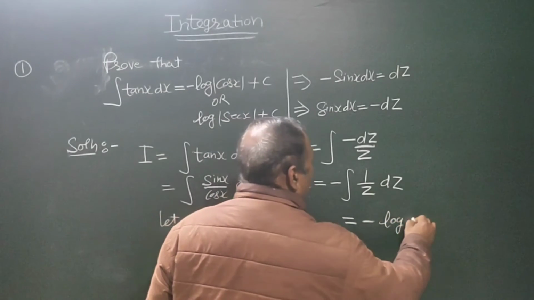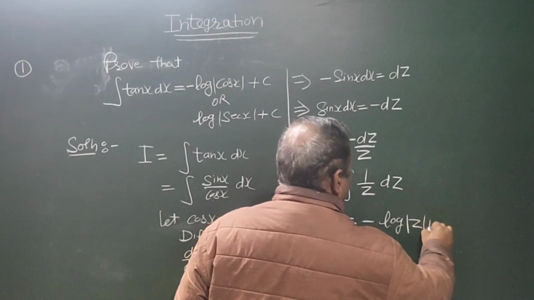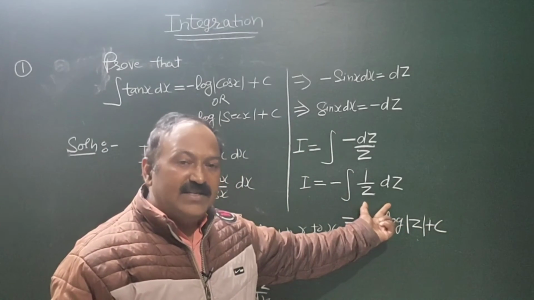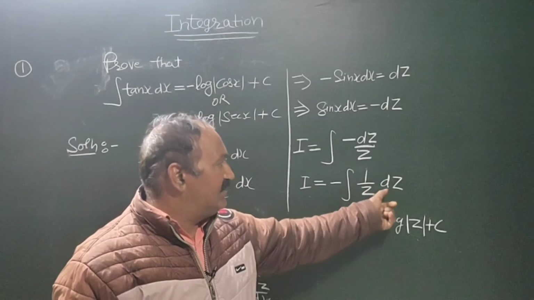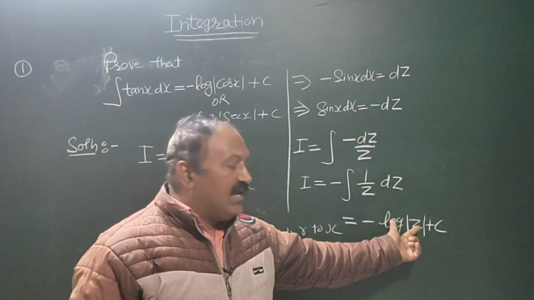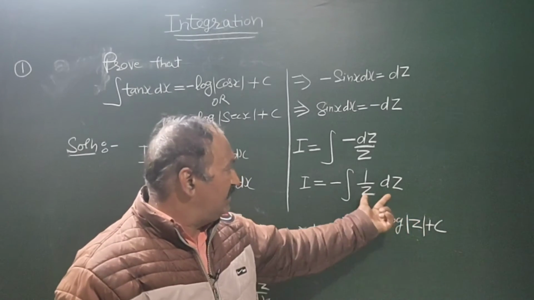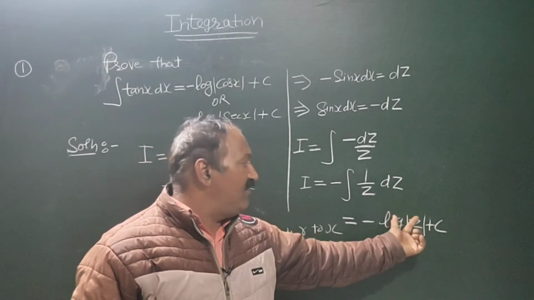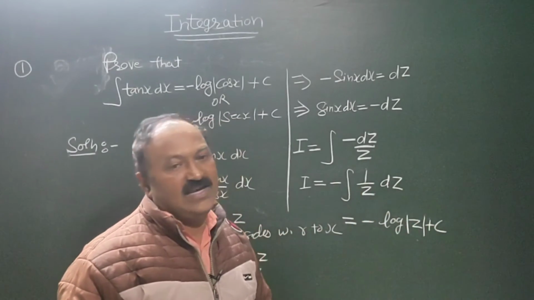minus log of z modulus plus c, because it is the basic formula that integration of 1 by x dx is equal to log of x modulus. Hence, integration of 1 by z dz will be equal to log of z modulus plus c, and this is the minus sign.